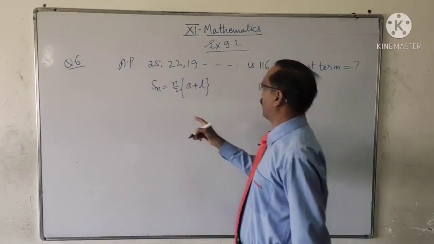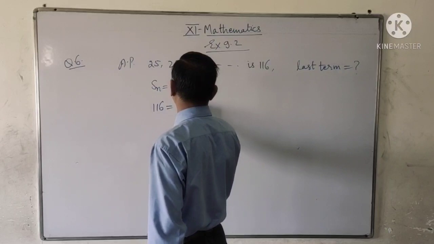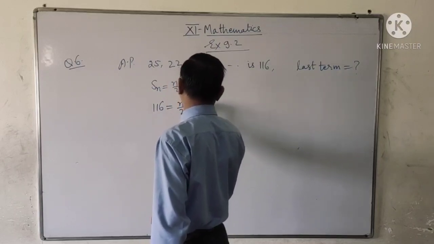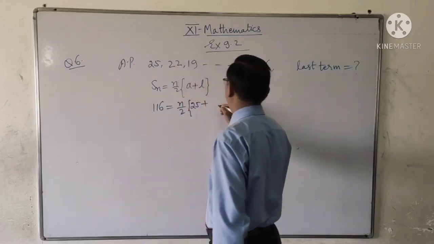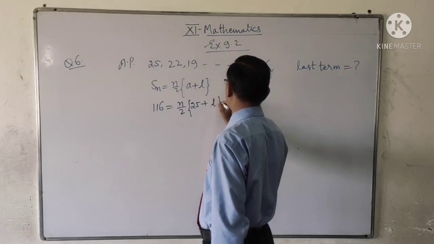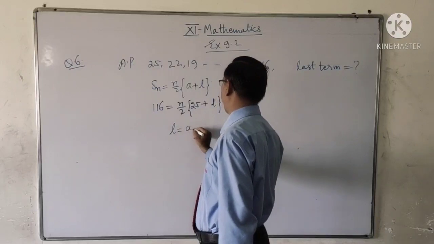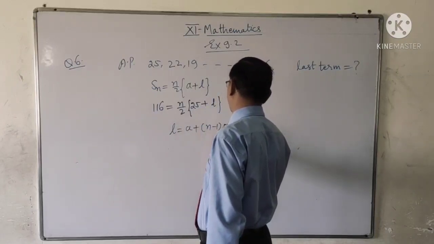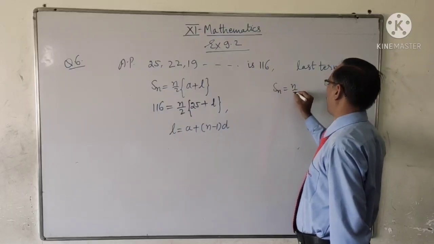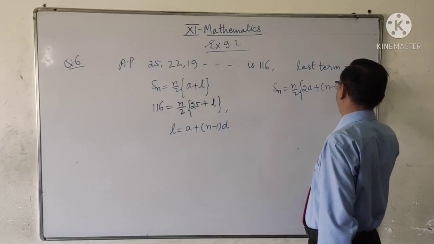Here Sn is given as 116, the number of terms is not given, and the first term is 25. Or we can use L equal to A plus (n minus 1) into D. We can also use the formula Sn equal to n by 2 into (2A plus (n minus 1) into D).